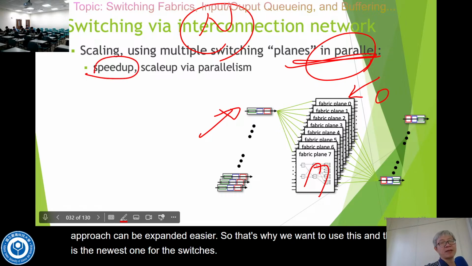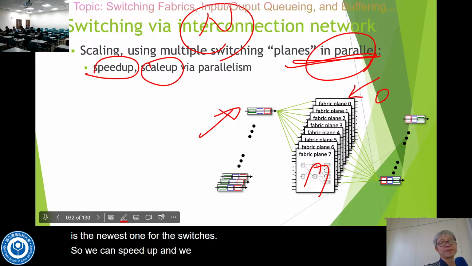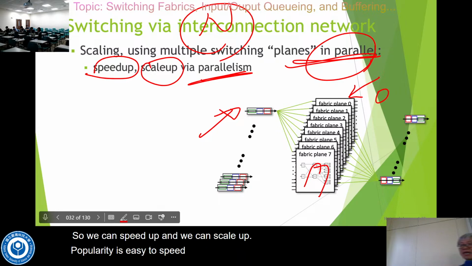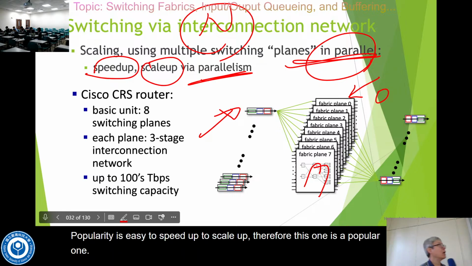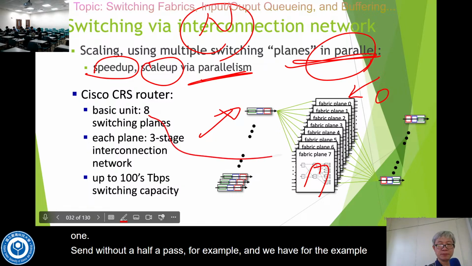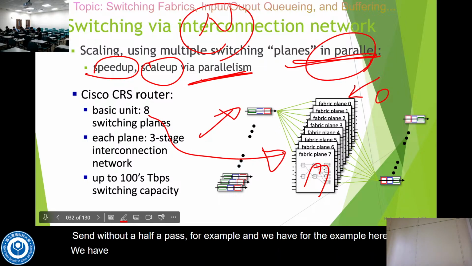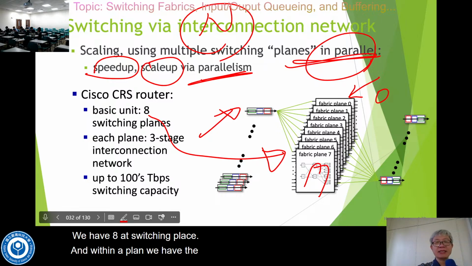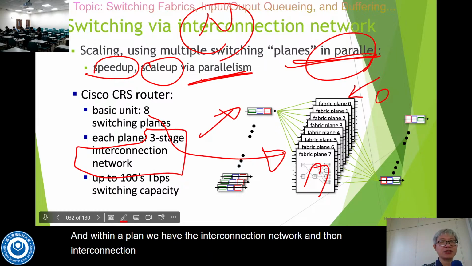So we can speed up and we can scale up with parallelism. It's easy to speed up, to scale up. Therefore, this one is a popular one. Then we already have a possible example. We have 8 switching planes. And within the plane, we have the interconnection network, and that interconnection network contains 3 stages.